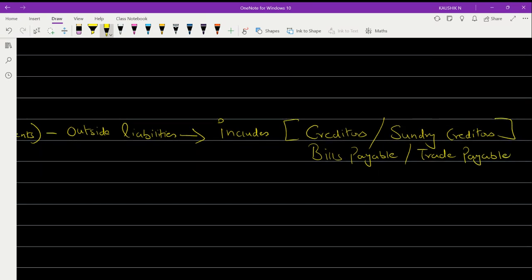And then followed by this you may have bank loans or loans.